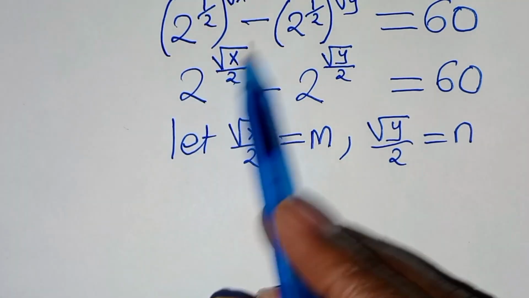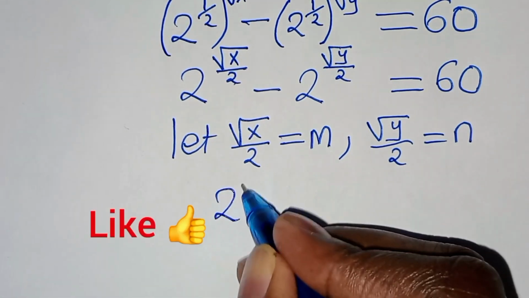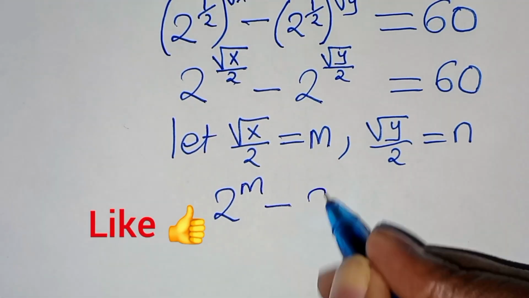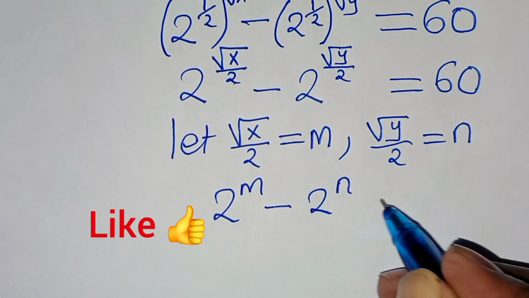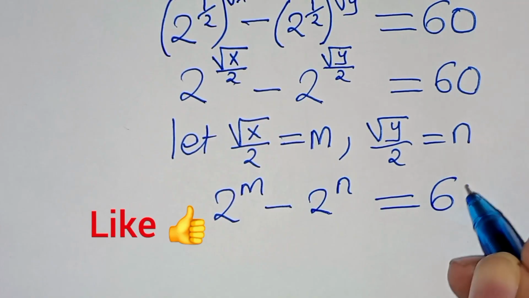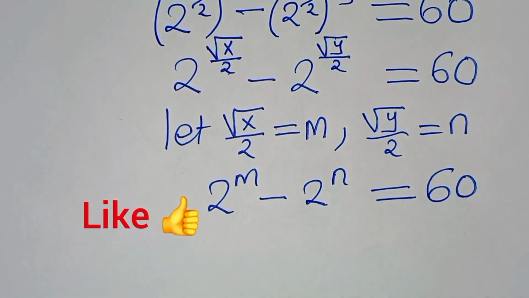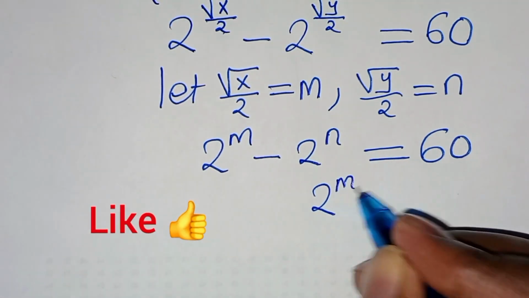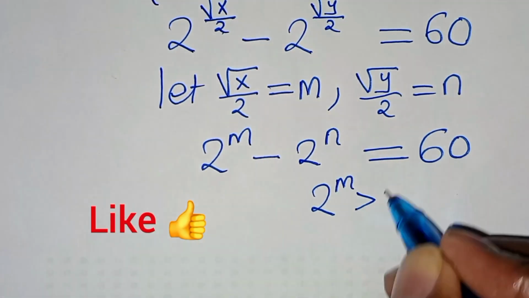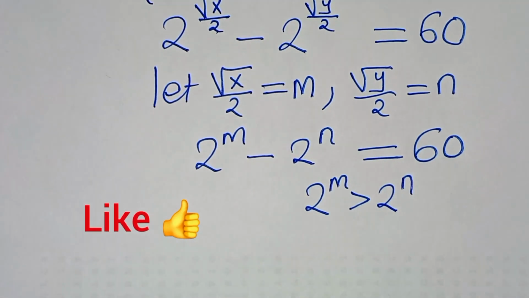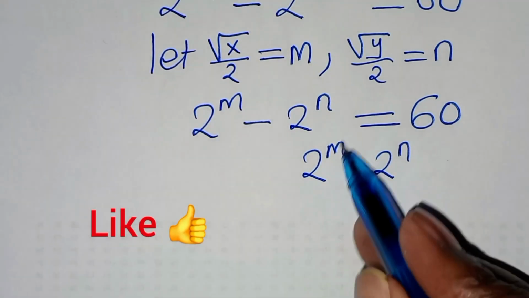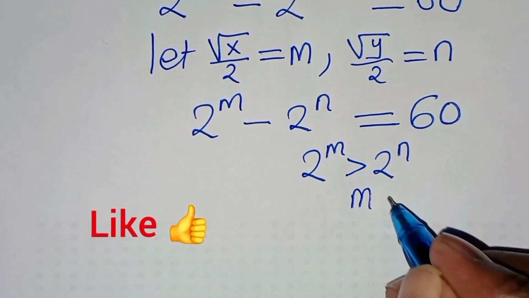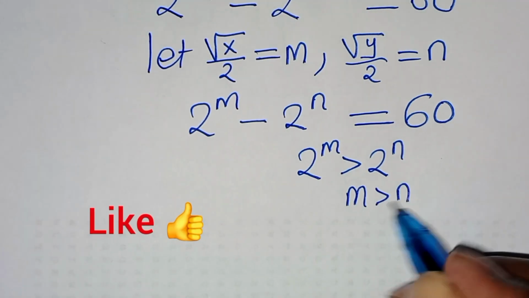So that now this becomes 2 to power m minus 2 to power n. This is equal to 60. So we note from here that 2 to power m is greater than 2 to power n, and therefore this implies that m is also greater than n.